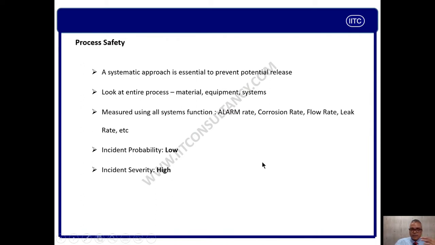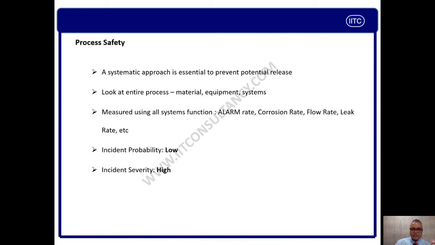This looks at entire processes beginning from the material, equipment, systems and product. It is measured in different aspects like alarm rate, corrosion rate, flow rate, leak rate. In these terms it can be measured.